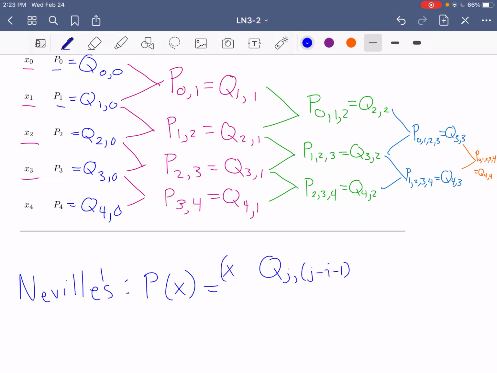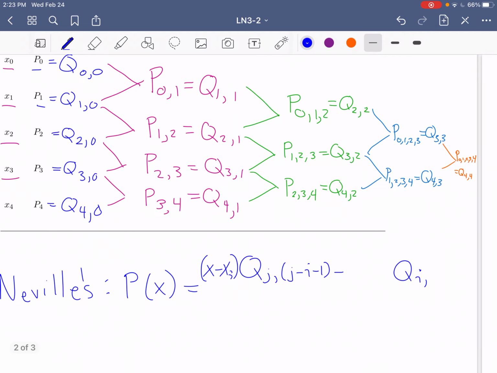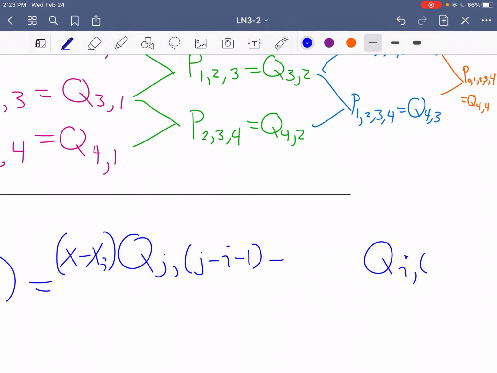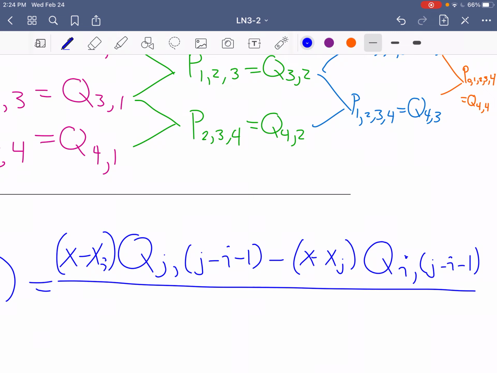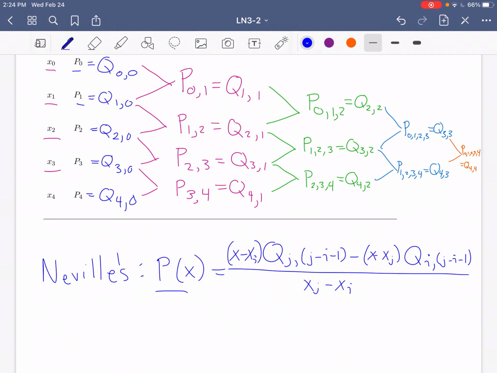And so we'll have x minus x sub i, minus the Lagrange polynomial that ends at i and has that same kind of width, j minus i minus 1. And so we have x minus x sub j as a subscript over x sub j minus x sub i. All right, so the way we're going to build this new polynomial is by doing this.